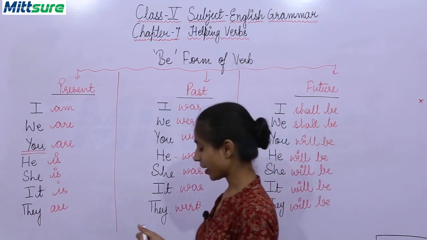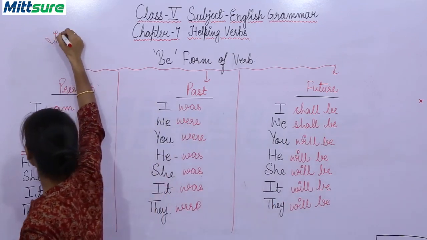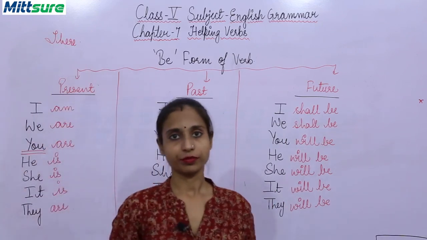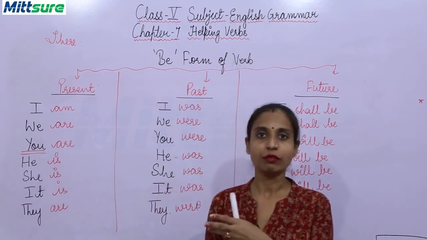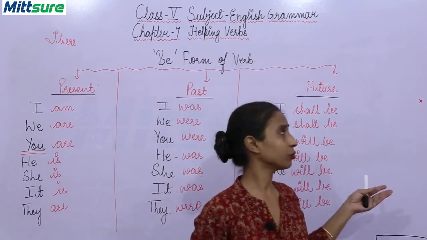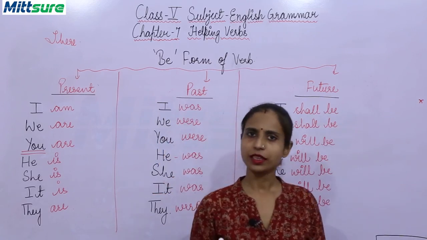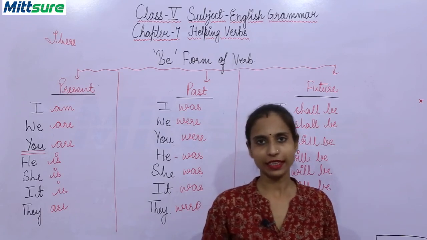Now children, when the statement is starting with there, what are you going to use? Is, am, are, was, were, or in the future tense? Fine. Future tense is absolutely fine. There will be, or there shall be. Anything can come.